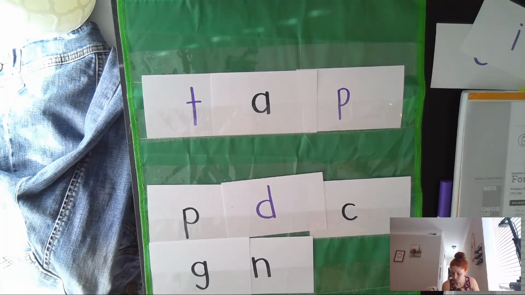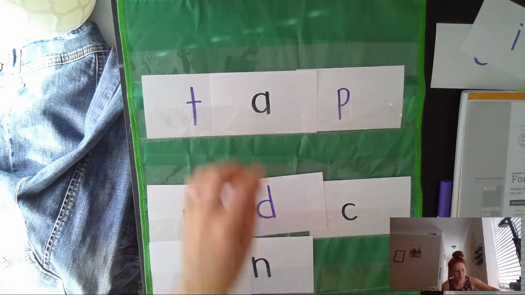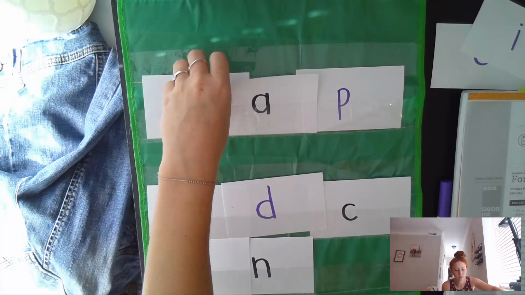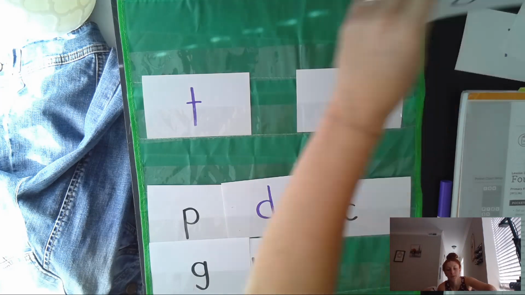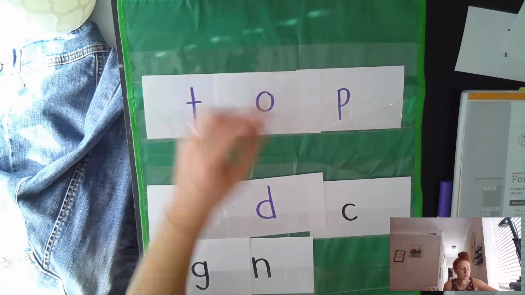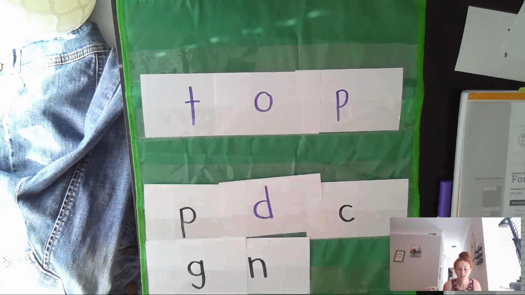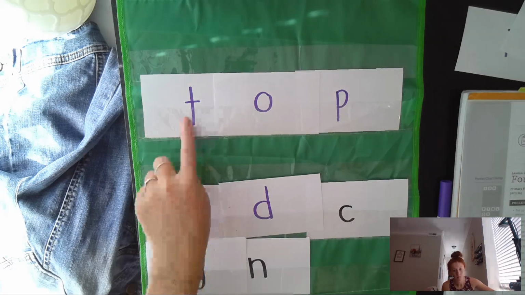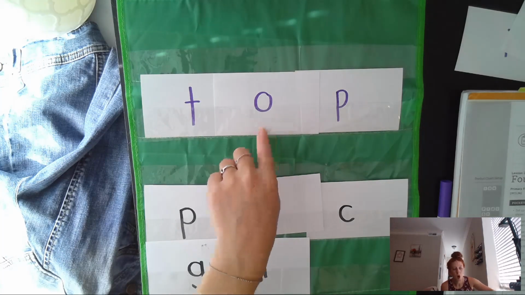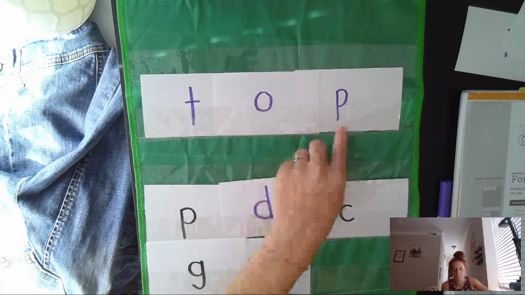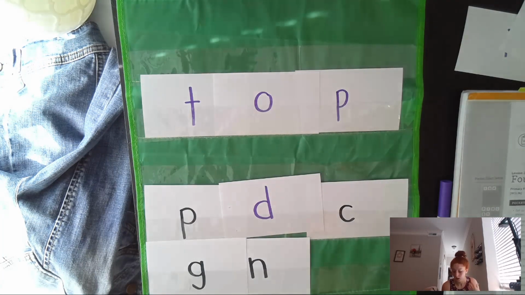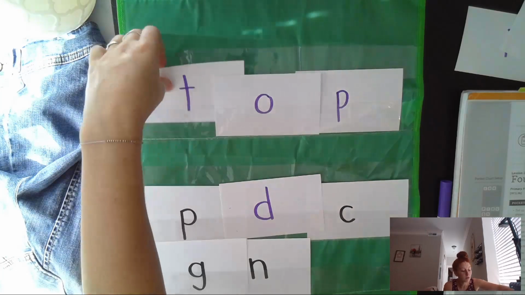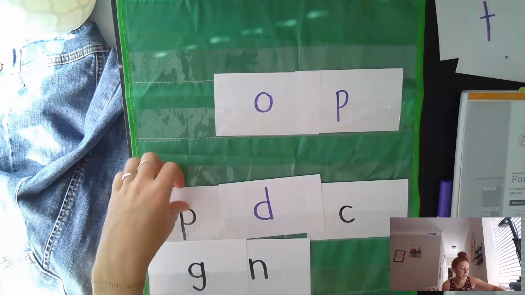Tap. Are you ready for another one? We only have a few more. Stick with me. What about that one? T, o, p. Top. Okay, I'm going to have you guys do this one all by yourself.